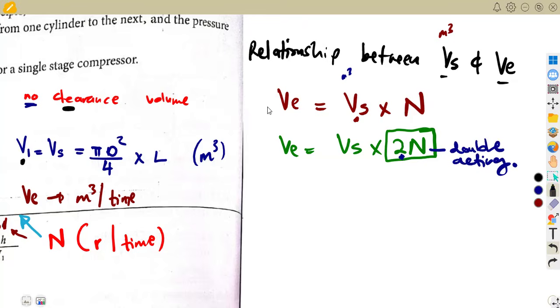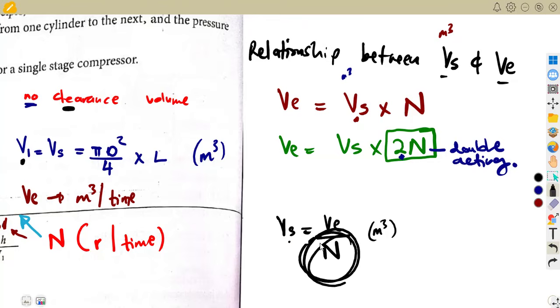So I can even make VS the subject if I want. VS is just going to be VE over N. So that is it. You have VS, the swept volume. The swept volume is always in cubic meters, not cubic meters per time, just cubic meters. So the N is there to neutralize our units back to cubic meters.